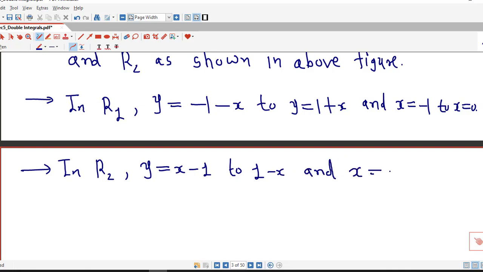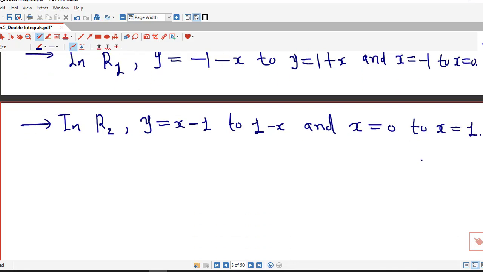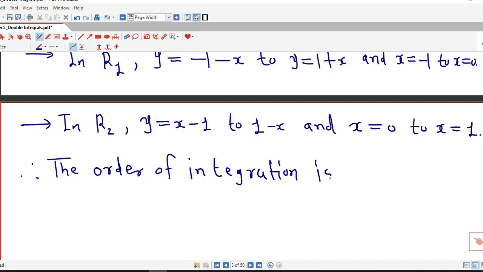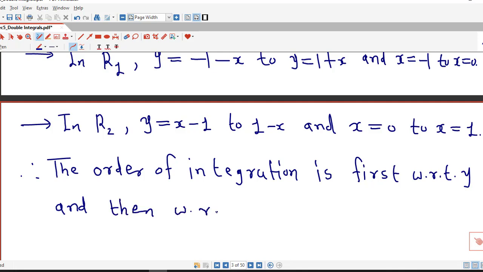And because we have considered vertical lines, the order of integration is first with respect to y and then with respect to x.